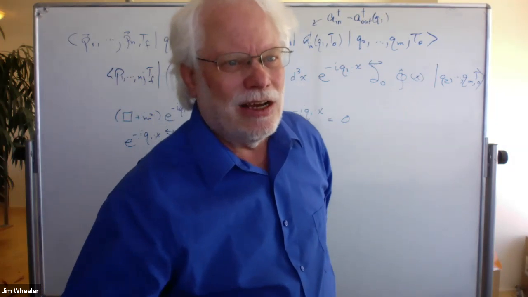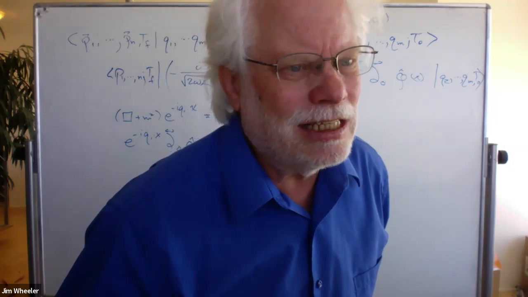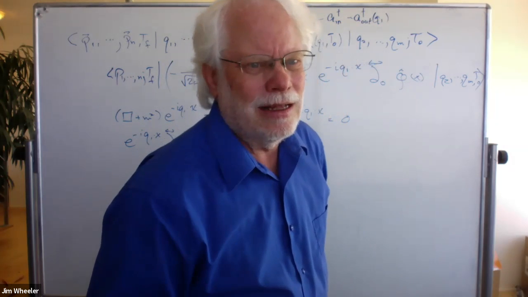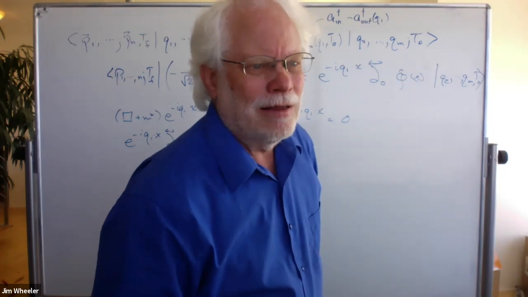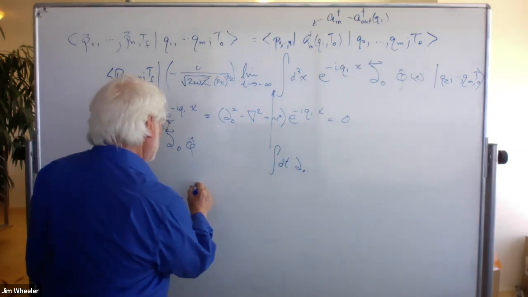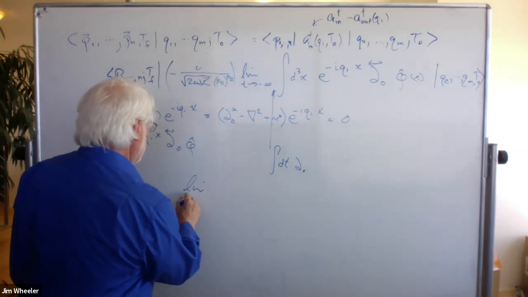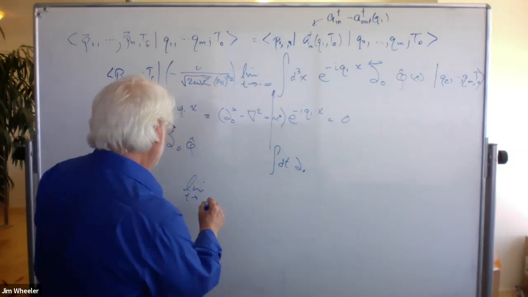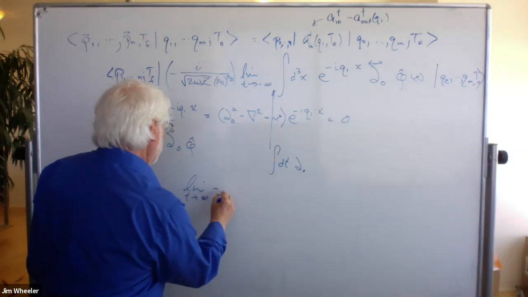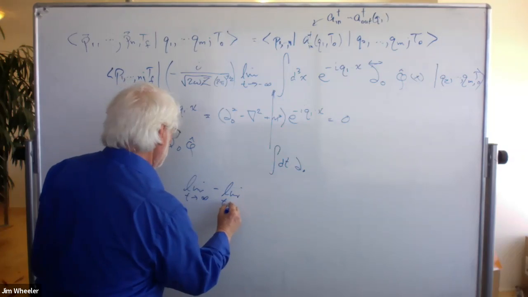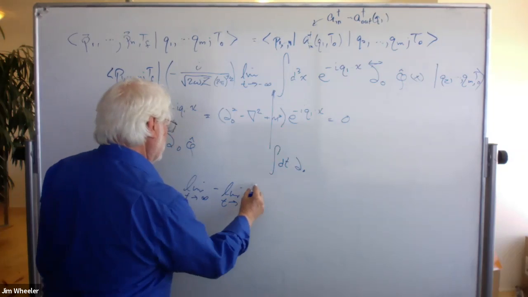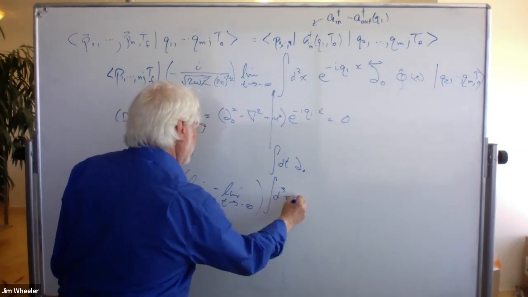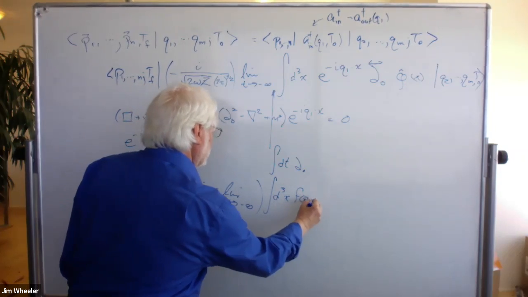And now we actually do get this difference. So what we're looking at is the limit as t goes to infinity minus the limit as t goes to minus infinity. So we're looking at that difference acting on some spatial integral of some function of x and t.